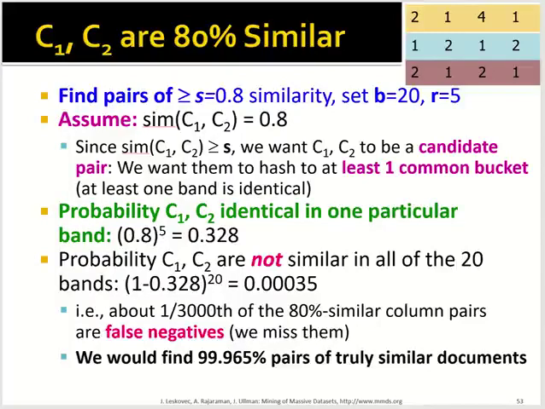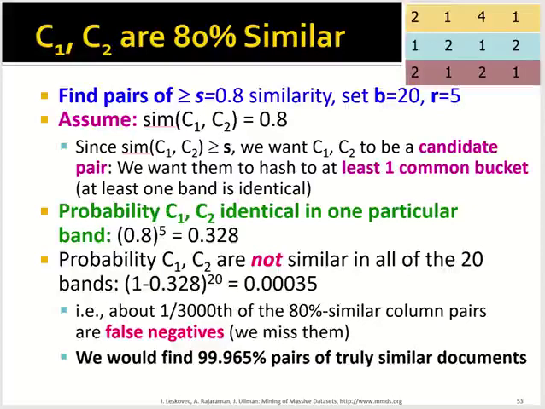Since we need the similarity of C1 and C2 to be beyond the threshold S, we need C1 and C2 to be a candidate pair, so that they are hashed to at least one common bucket.